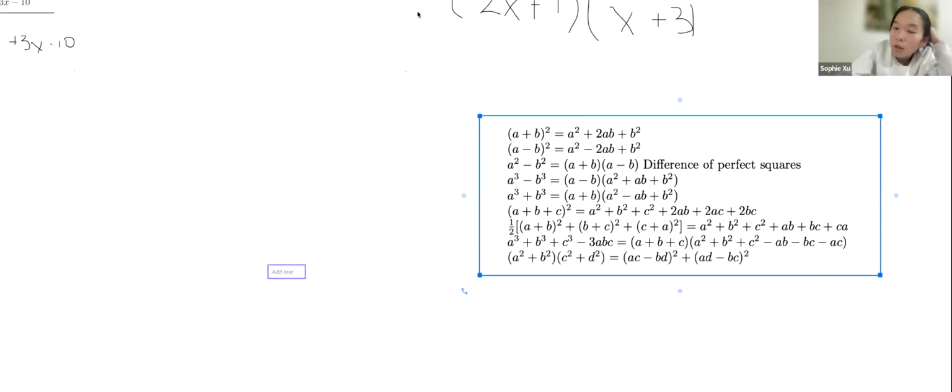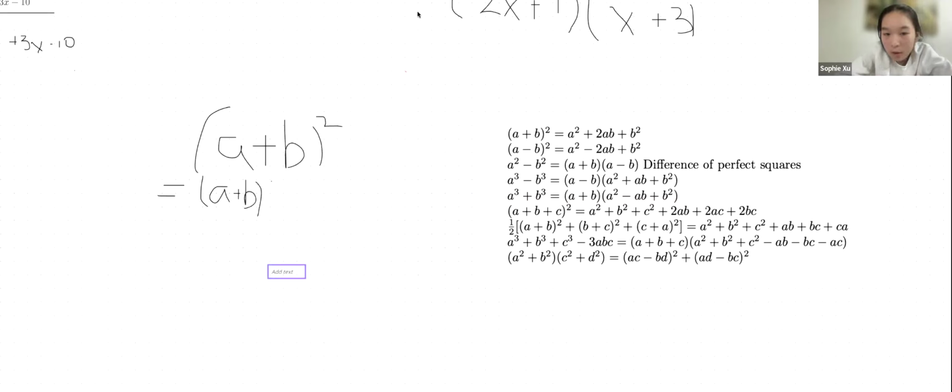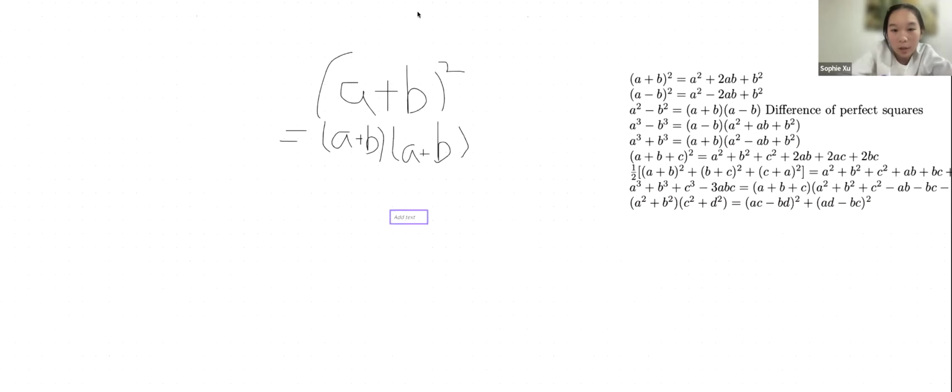So the first one is basically just how we've been doing it. A plus b squared is just a plus b times a plus b, right? You just expand the brackets and multiply each combination together: a times a, b times a, a times b, and b times b.